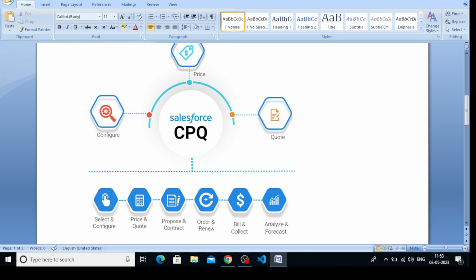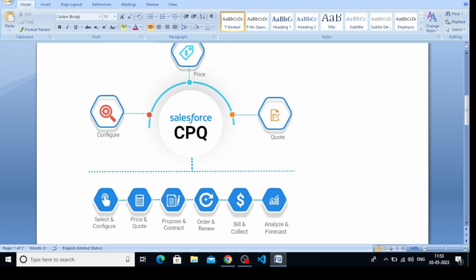And for that pricing, in our Salesforce CPQ we have some support options, like pricing rules, which generate a unique price for an object, and price book, standard price book entry, and multi currencies. If a company wants to sell their products in different countries, they may introduce multiple currencies in their org, and we will give those entries to the products, and they can easily sell those products at different currency levels.